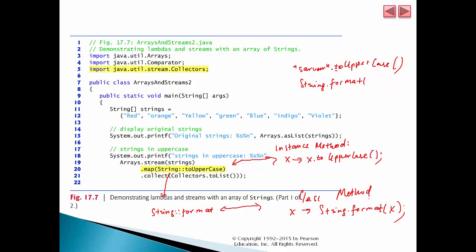Again, you can reference both instance methods and class methods in the same way using the double colon. You're basically referencing these methods, but they are just the shorthand notation for this particular lambda expression.